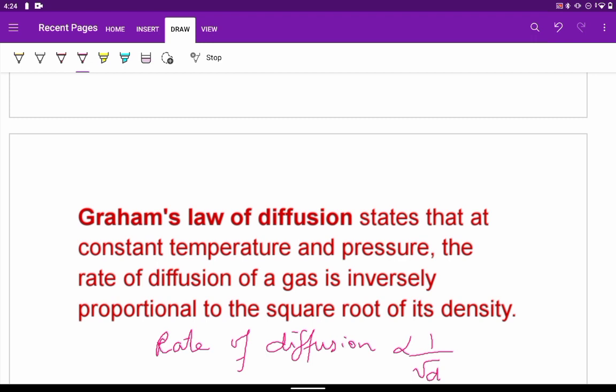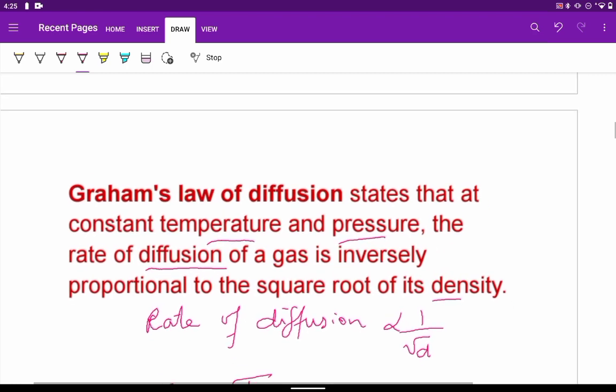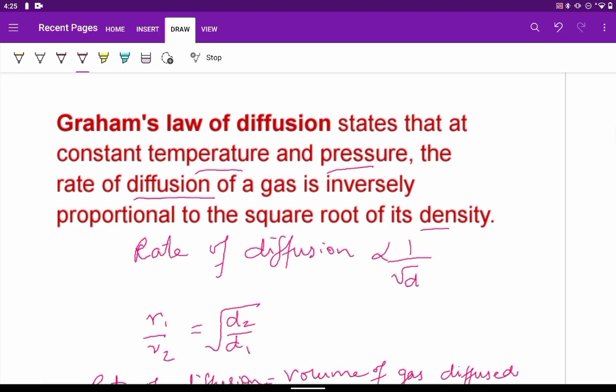Now Graham's law of diffusion states that if temperature and pressure are constant, if these two physical parameters are constant, then the rate of diffusion of a gas will be inversely proportional to the square root of its density. We can mathematically state it like this: rate of diffusion is inversely proportional to the square root of density.